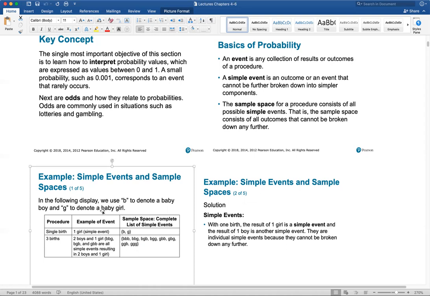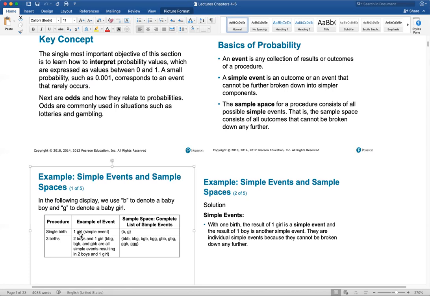There is only one outcome with the girl in the event, and that one girl outcome must be a simple event because it cannot be further broken down. The sample space is the complete list of simple events. How many outcomes do we expect? A baby is a boy or a girl, so we expect only 2 outcomes in the sample space.